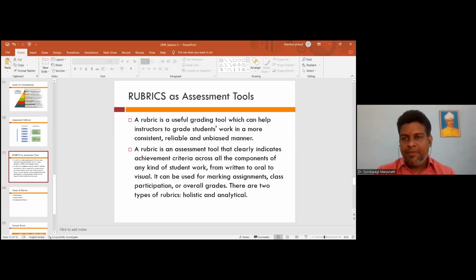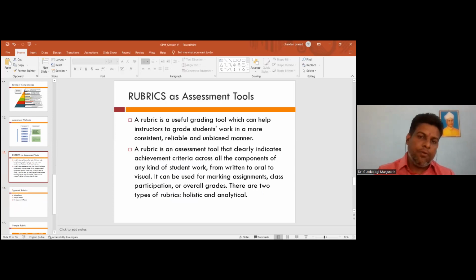There is no proper definition for a rubric, but most of the times I can say that a rubric is an assessment tool where we have certain criteria and certain descriptors, which indicate very clearly what has to be given for what content.